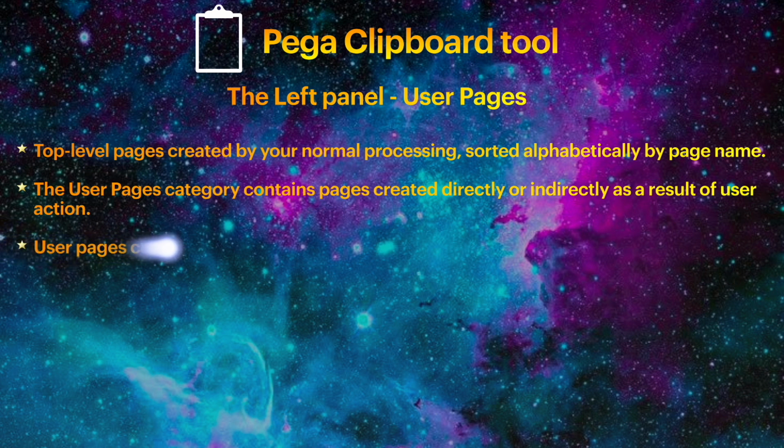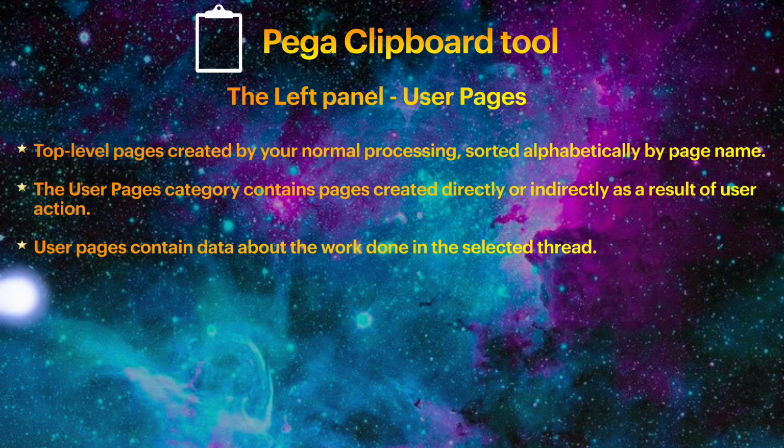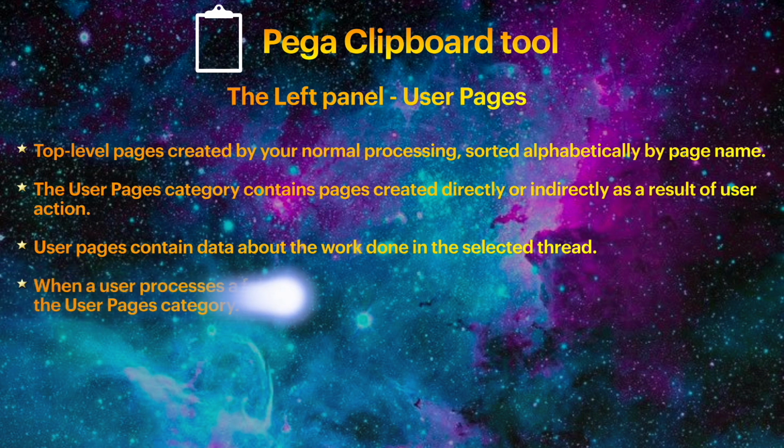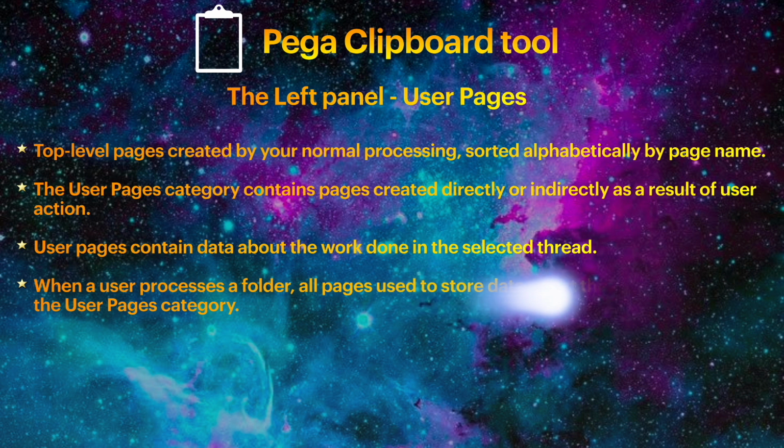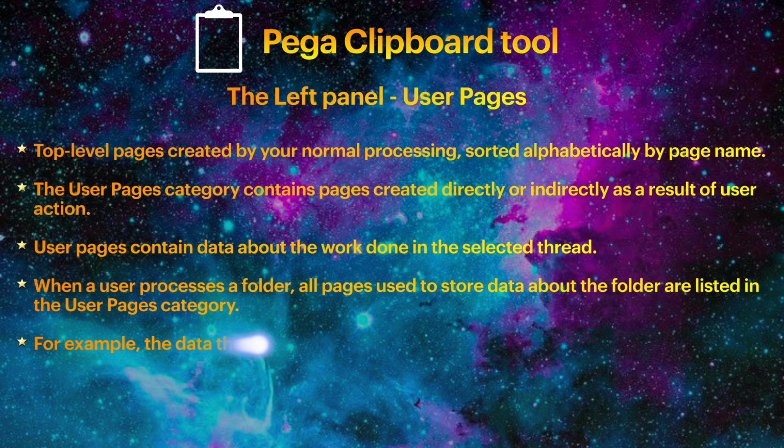User pages contain data about the work done in the selected thread. When a user processes a folder, all pages used to store data about the folder are listed in the user pages category. For example, the data that you enter in a form is stored on the pyWorkPage user page.